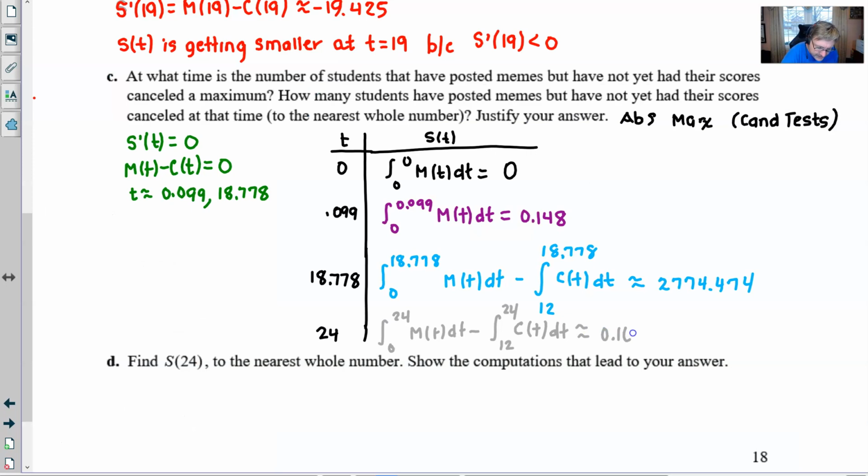And now all we need to do is go into this table, find the largest number, which is clearly this guy right here, but you're going to want to make sure that you draw attention to that.